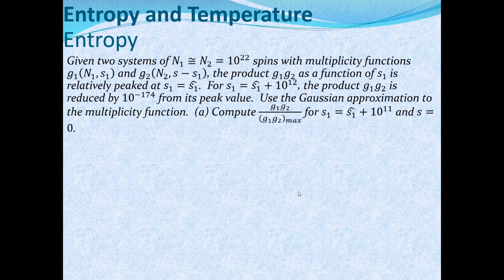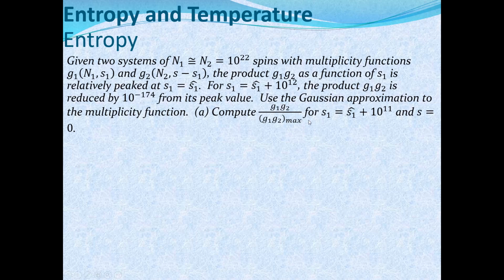All right, so they want us to figure out this for this setup. Now, if you remember, we had an equation that told us what the multiplicity, the total available states, related to the max available states and the deviation factor.